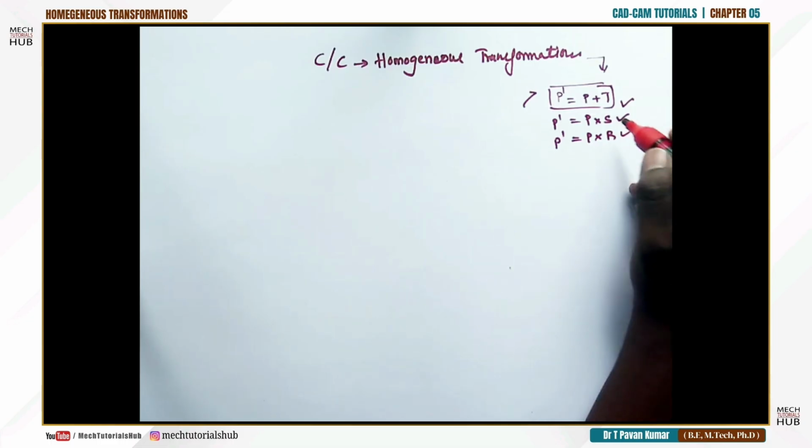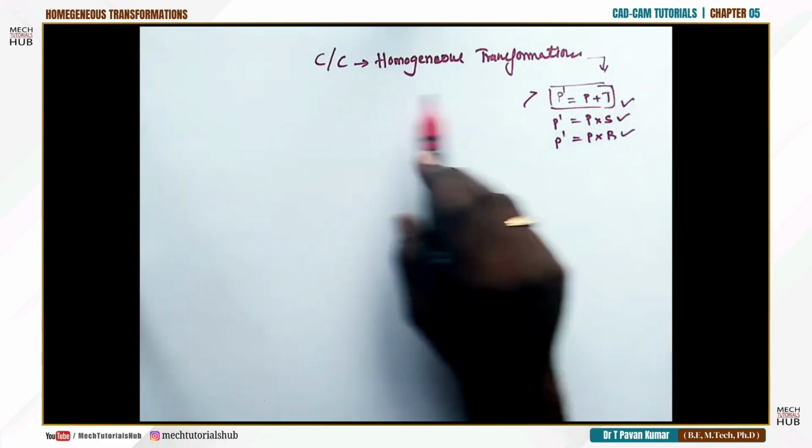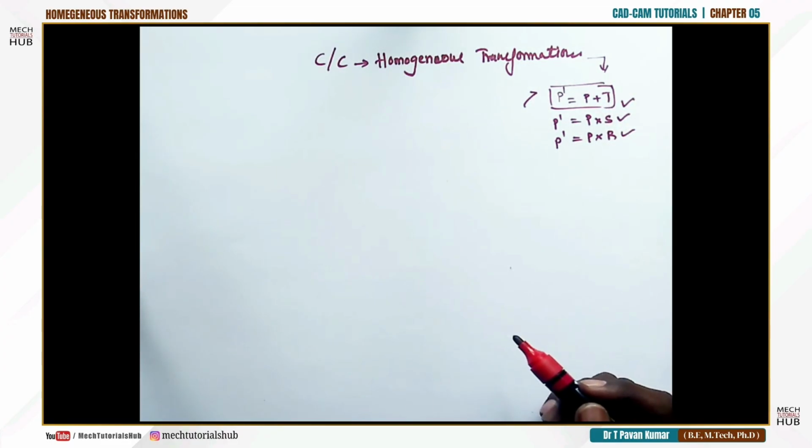But when we do multiple tasks in a single attempt, that is not possible if the translation is in addition format. Now this addition can be avoided with the help of the homogeneous coordinate system or homogeneous transformations.